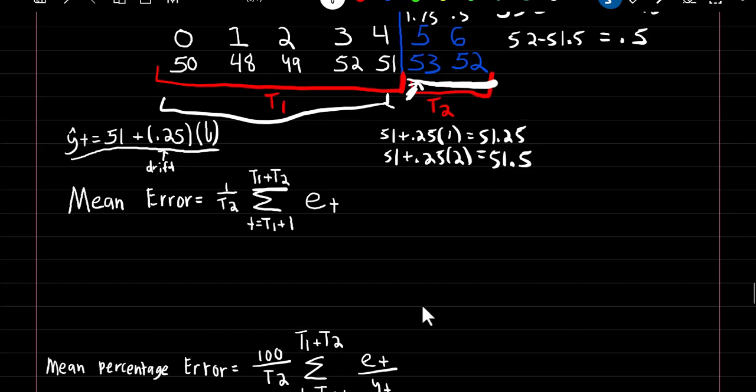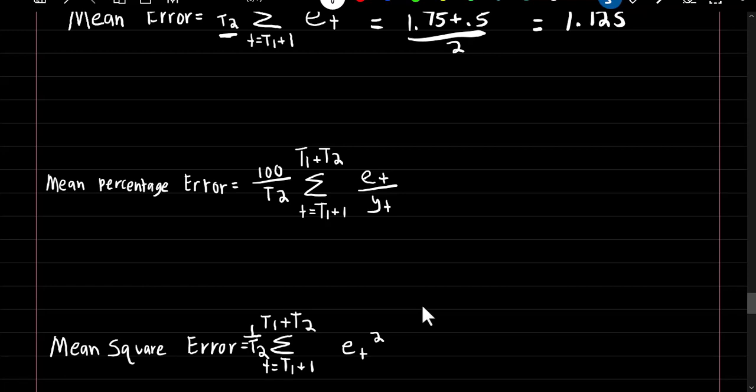So we're going to sum over these two observations' residuals. The mean of our errors is 1.75, our first residual, plus our second residual, 0.5, divided by the number of observations in T2, which is 2, and we get a mean error of 1.125.